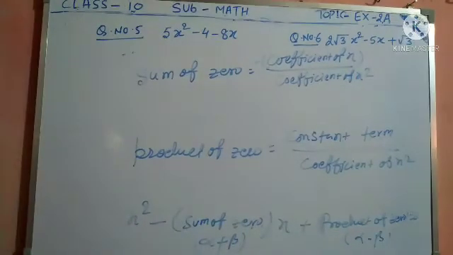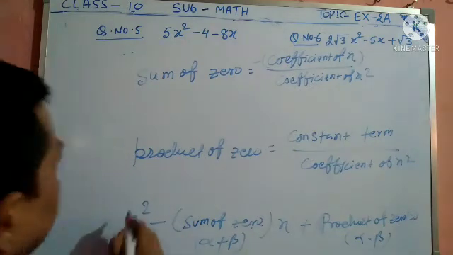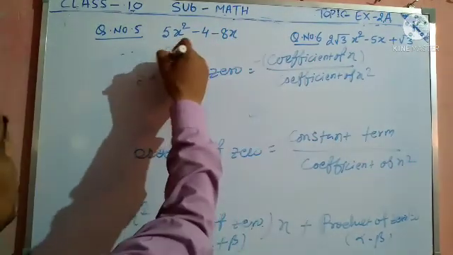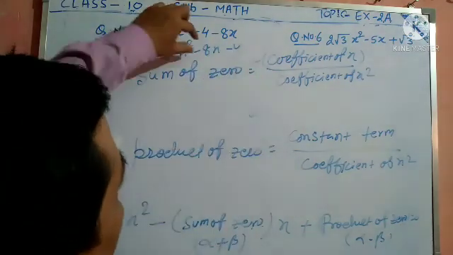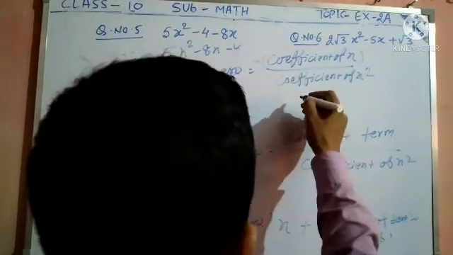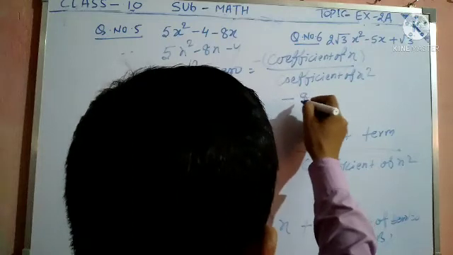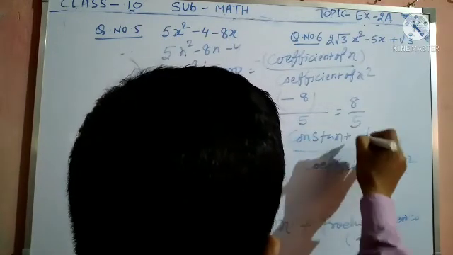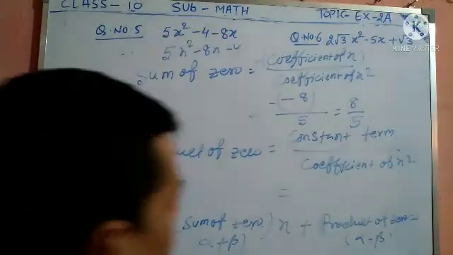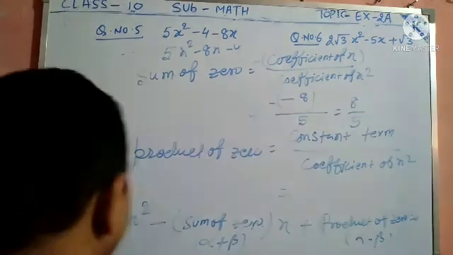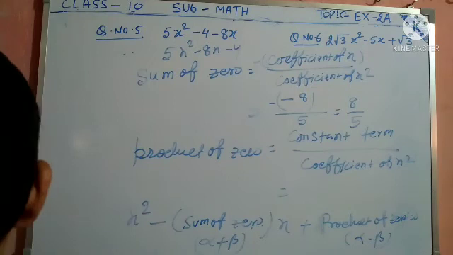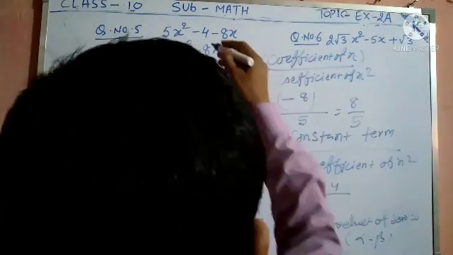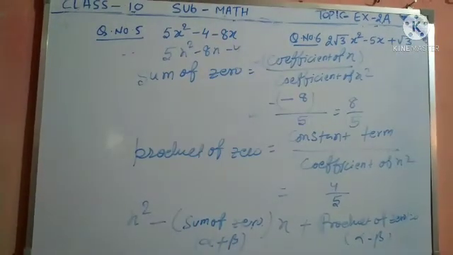The coefficient of x square is 5. For 5x square minus 8x minus 4, the coefficient of x is minus 8, so the sum is 8 by 5. Now the constant term of this equation is minus 4 and the coefficient of x square is 5, so the product is minus 4 by 5.